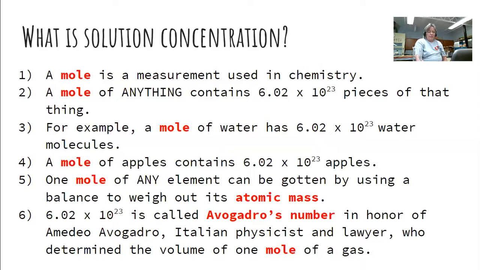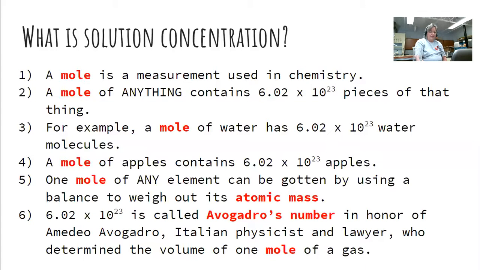That is a huge, huge number, and large objects like marbles would cover a tremendous amount of space if we had that many of them. So a mole is meant to measure particles you cannot see, like molecules or atoms. If we want to talk about very tiny things that exist in huge quantities, we use this concept called the mole.